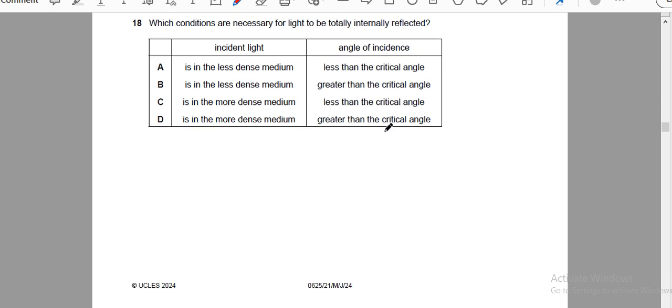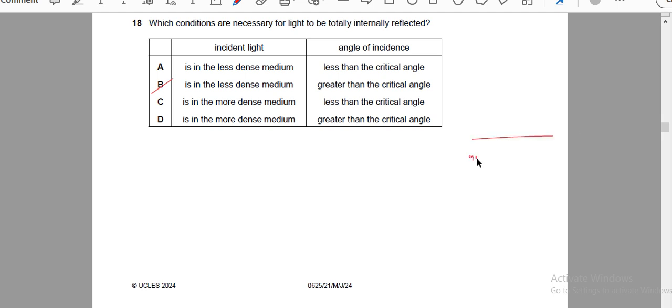Which are necessary for light to be totally internally reflected? Incident in a less dense medium, yes, and angle of incidence less than critical, no, it must be greater than critical.